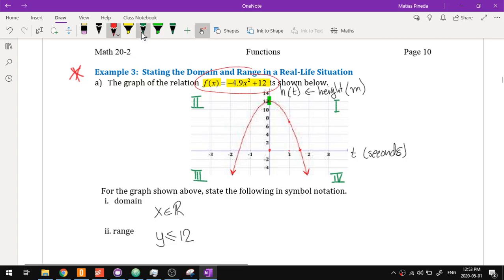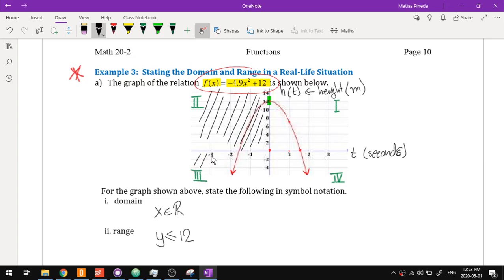However, on the left-hand side, the graph that goes through quadrant 2 is not relevant in this context, because within quadrant 2, t is negative, and we cannot have negative time.